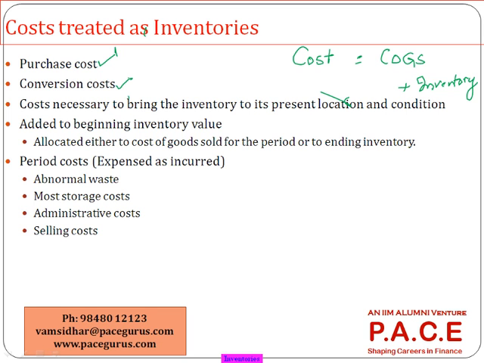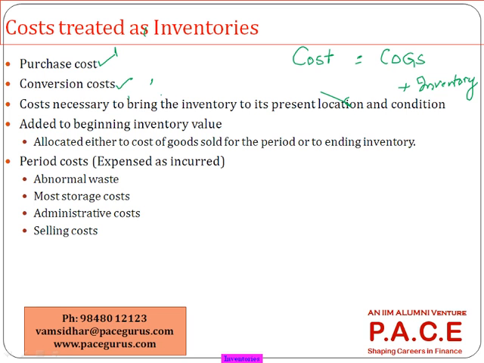So whatever cost was additionally incurred, it could be labor, it could be a machine, it could be electricity, whatever is the extra cost incurred for transforming the raw material into a finished good, even that has to be included.